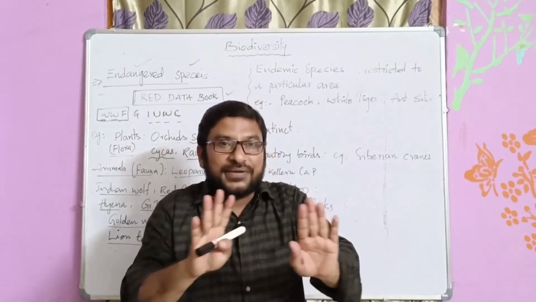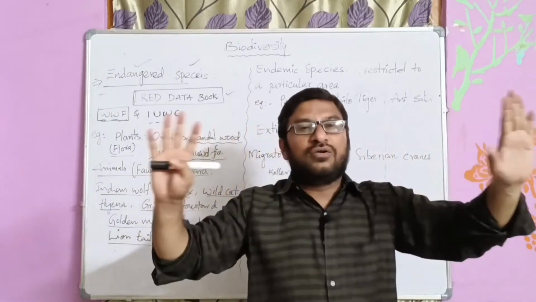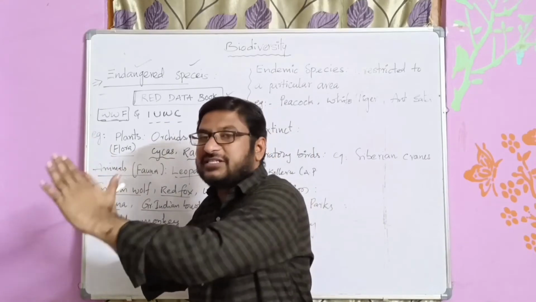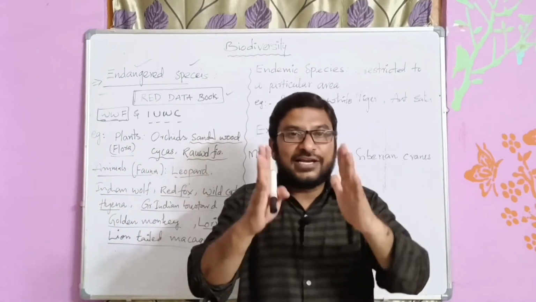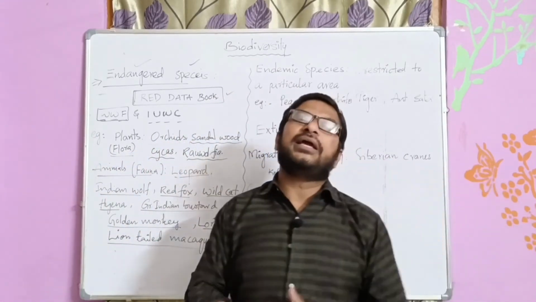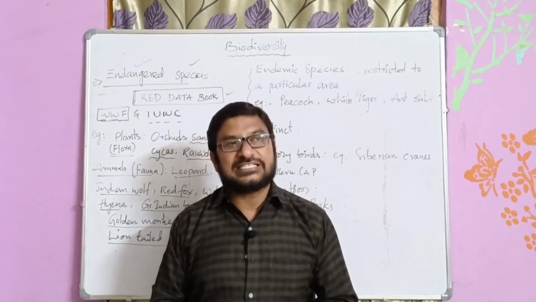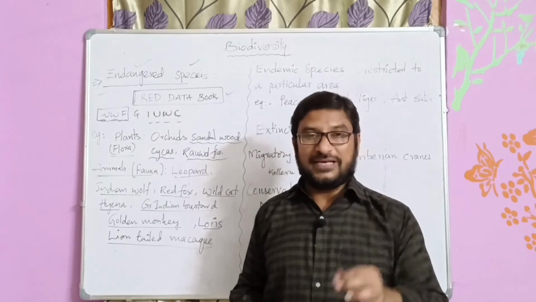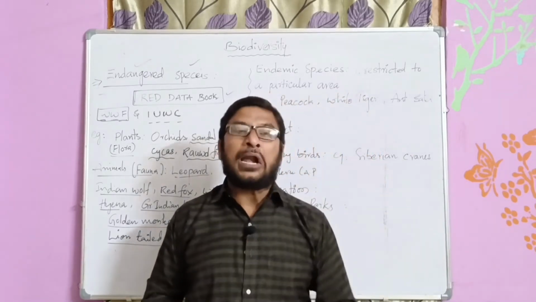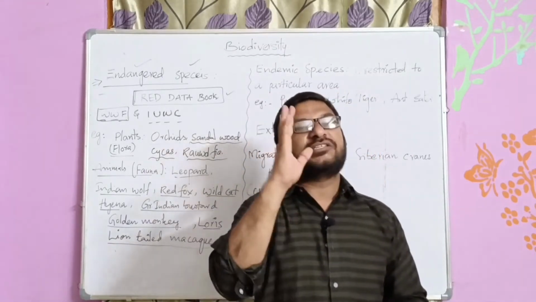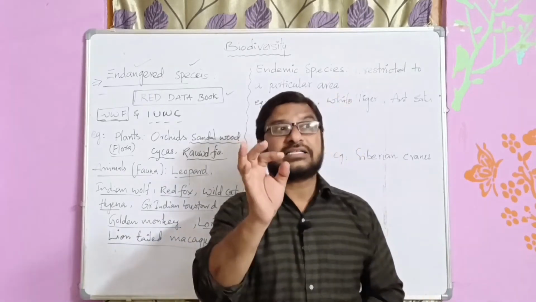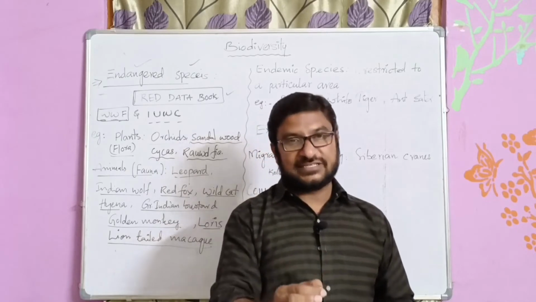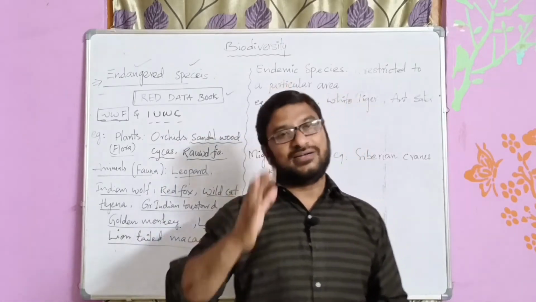They do not appear worldwide. They are for a particular area only. They live in the particular country only. Such types of species are called endemic species. The best example, we know that the kangaroo is the endemic species of Australia. Kiwi is the endemic species of New Zealand.